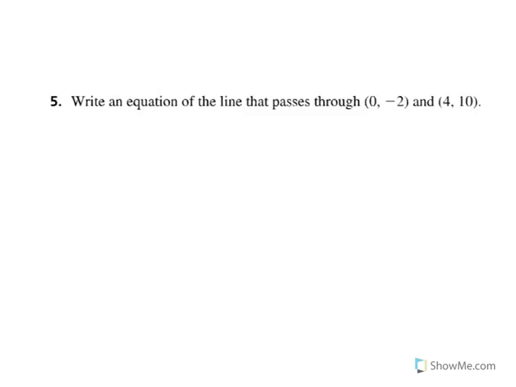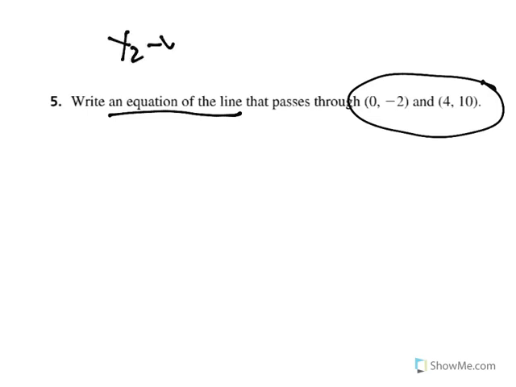So what happens is we get 2 points, okay? And it says write an equation of the line. Well, that seems crazy. All we have is 2 points. But we have the slope formula, y2 minus y1 over x2 minus x1, to help us out.